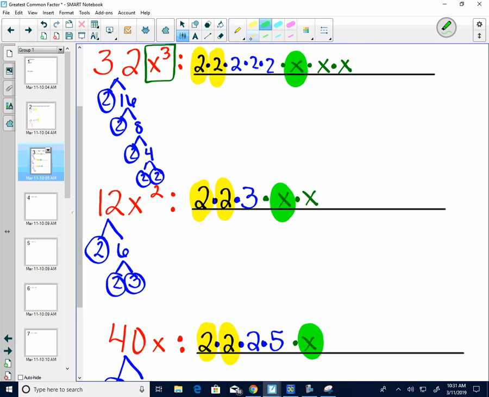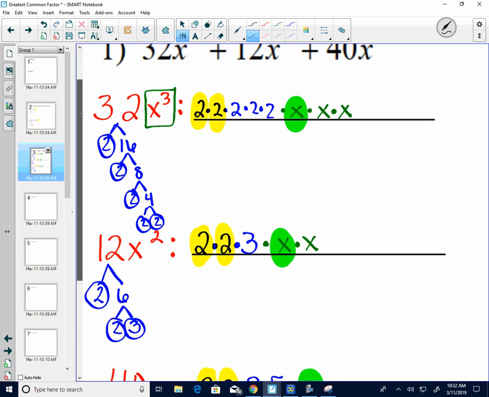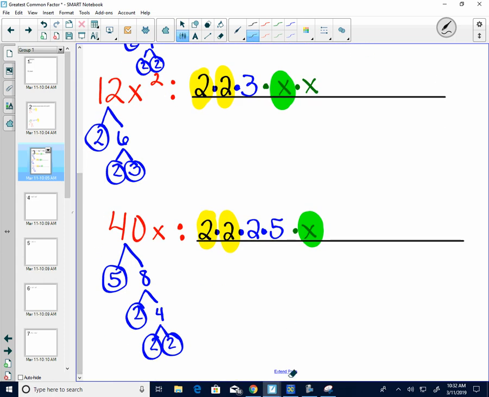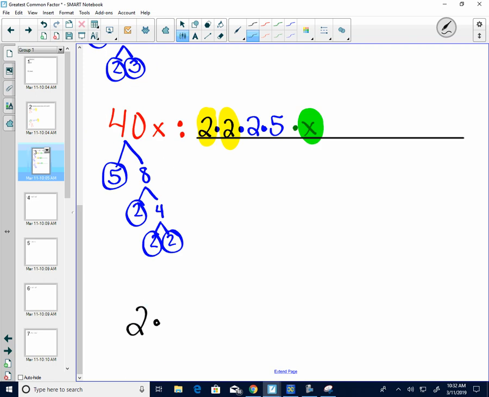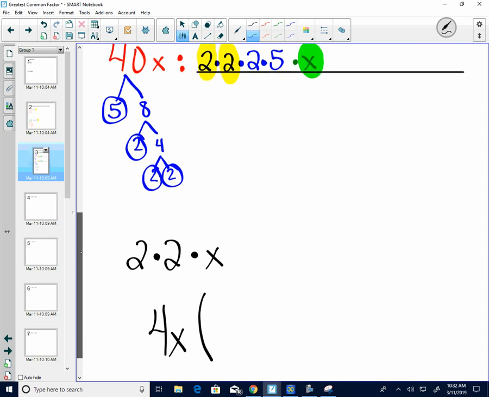So the greatest common factor for this trinomial is 2 times 2 times x, which is 4x. So you thought we were done, but we're not. That just means we're pulling a 4x to the outside.